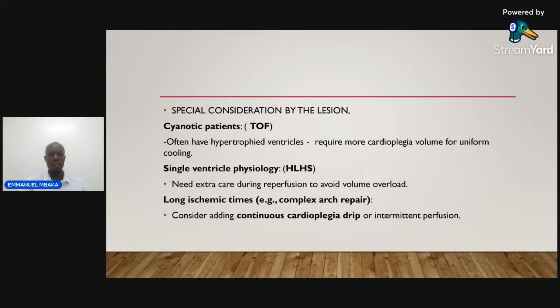Also, those with single ventricle physiology, like hypoplastic left heart syndrome, need extra care during reperfusion to avoid volume overload. And for patients who have long ischemic times, for example complex arch repair, you need to consider continuous cardioplegia drip or intermittent perfusion. Next slide.